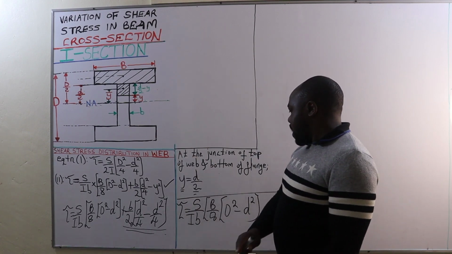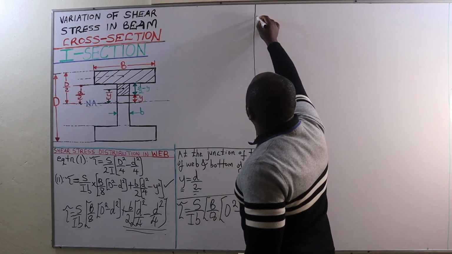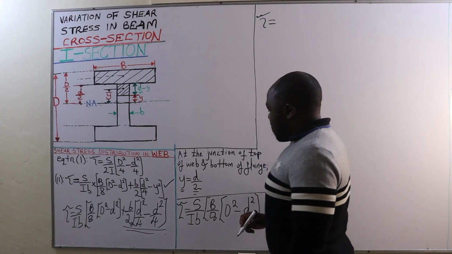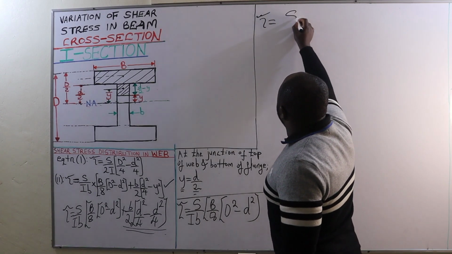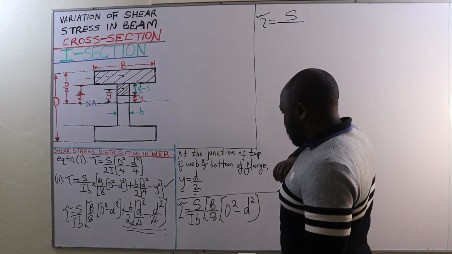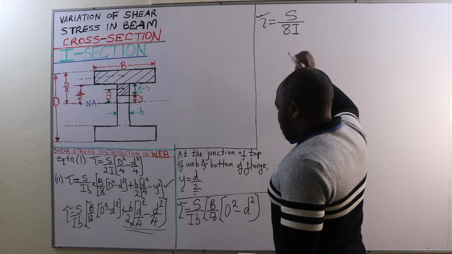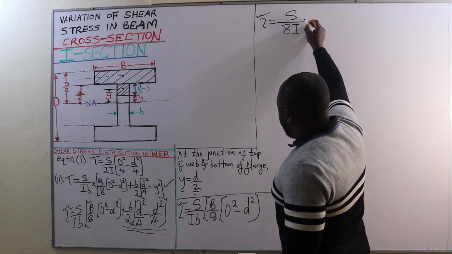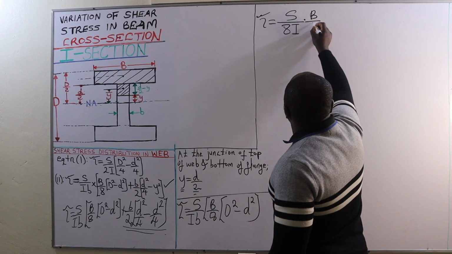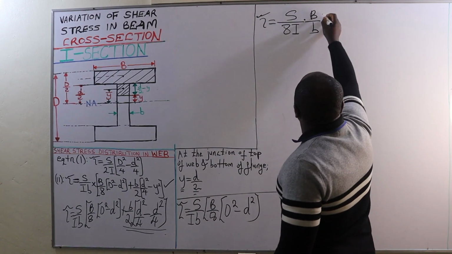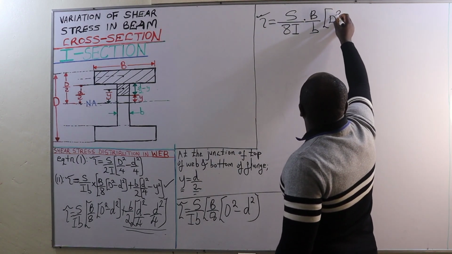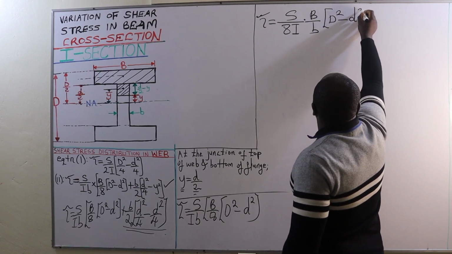So when we rearrange this equation, we are going to have shear stress being equal to S divided by 8I times B over B into D squared minus d squared.